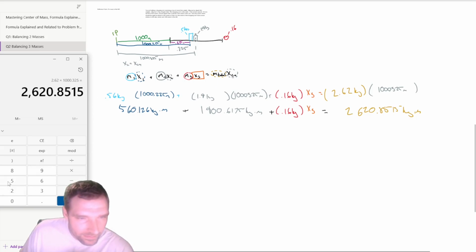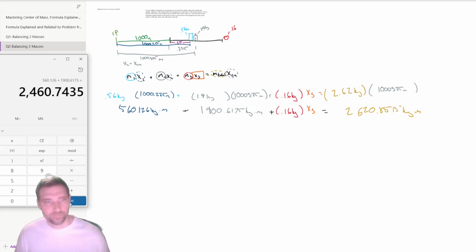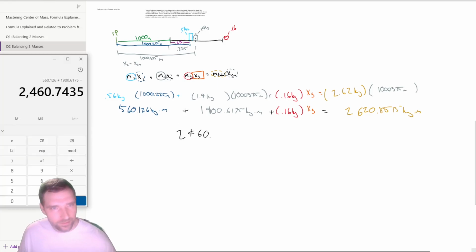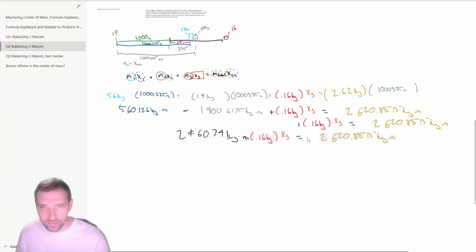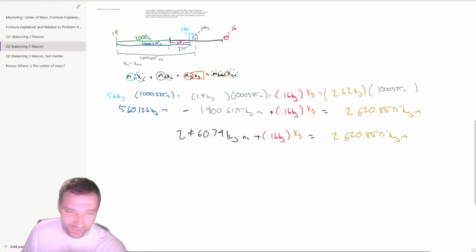So if we can add the 560.126 plus the 1,900.6175. Okay. 2,460.74 kilogram meters. And just copy that all over. I really like doing this a little bit slower because you can then double check your math where it's likely to be a little bit off here.